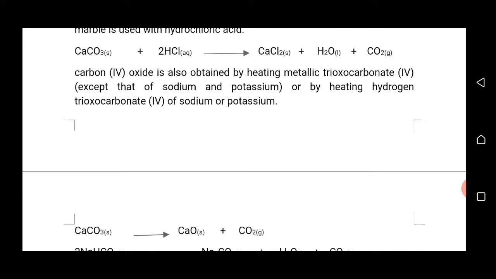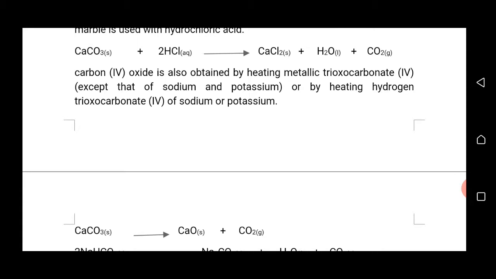Carbon 4 oxide is also obtained by heating metallic trioxocarbonate 4. You can heat metallic trioxocarbonate 4 such as calcium trioxocarbonate 4, lead trioxocarbonate 4, copper trioxocarbonate 4, silver trioxocarbonate, except those of sodium and potassium, which are resistant to heating, to produce CO2, carbon 4 oxide.